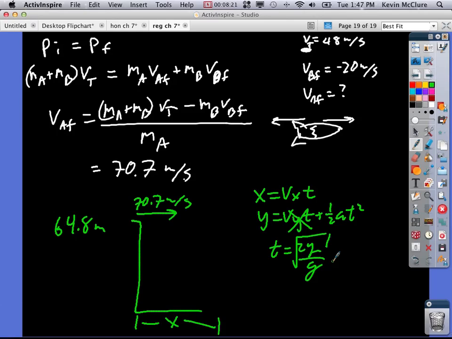So we're going to take 70.7 times the square root of 2 times 64.8 divided by 10. And that gives us an x distance of 255 meters.